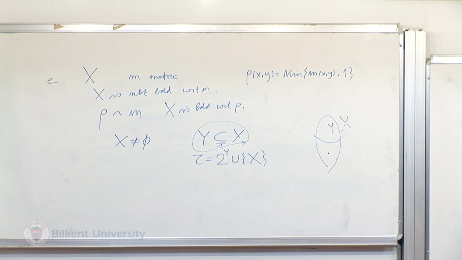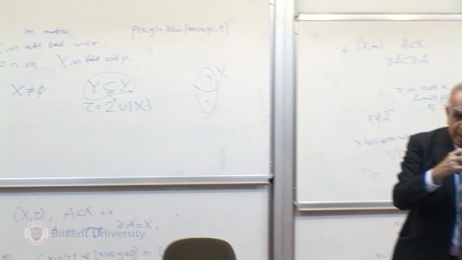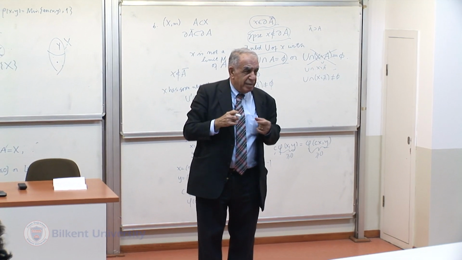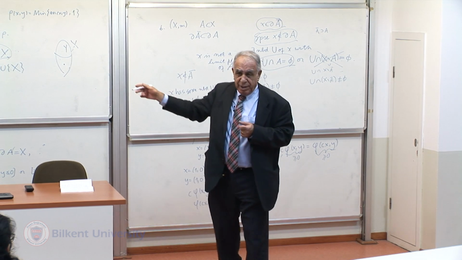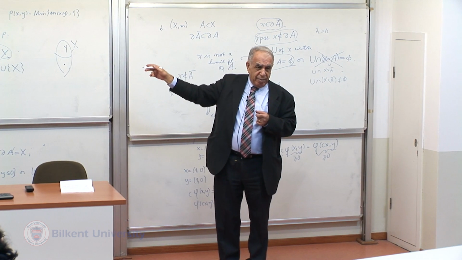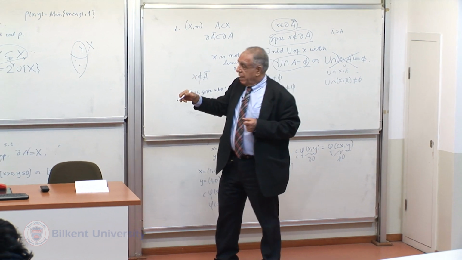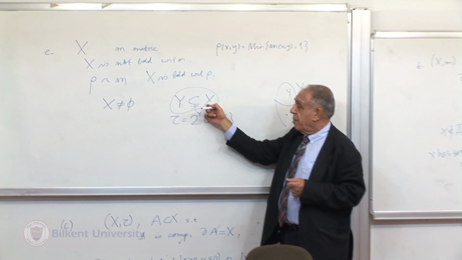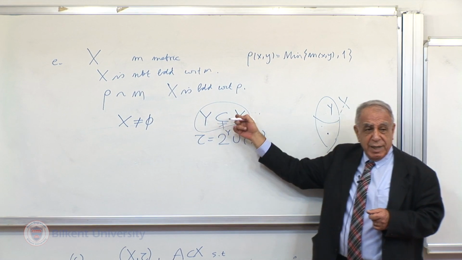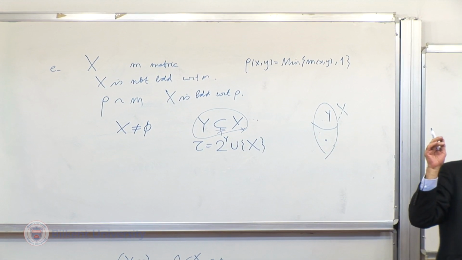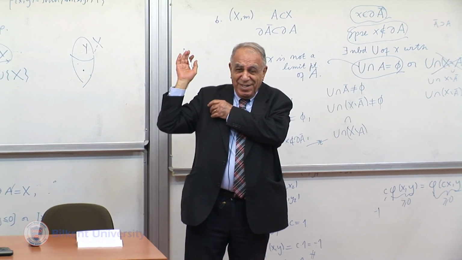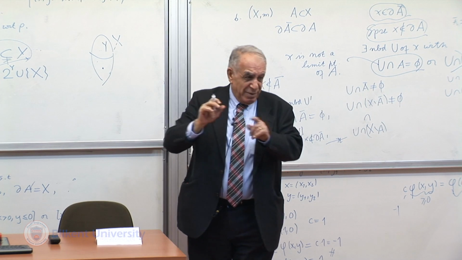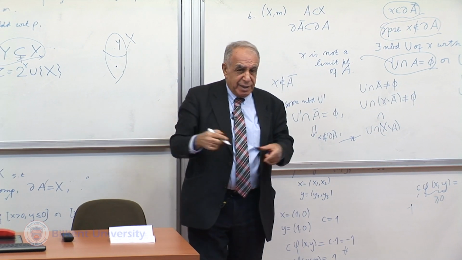If it's metrizable, you can separate them. You can find epsilon balls about them such that the intersection of the epsilon balls is empty, but you cannot separate them here. So except for the case where X is a one-element set and Y is the empty set, it's not metrizable.